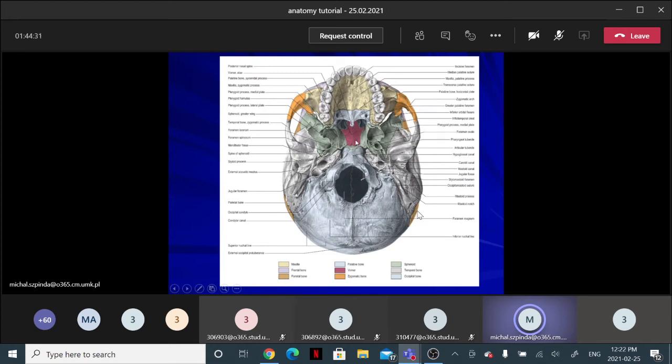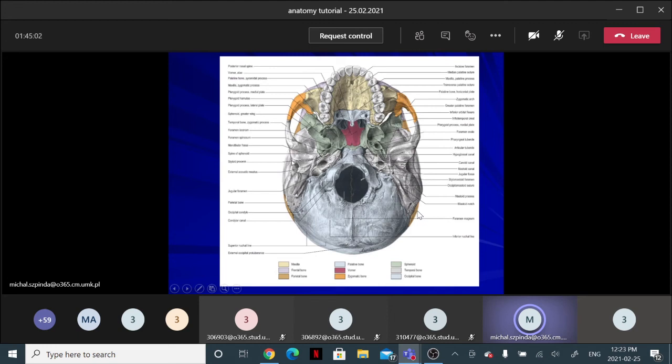The vomerian alae contact the underside of the sphenoid body. And just between the sphenoid bone in front and the occipital bone behind, the temporal bone is interposed.